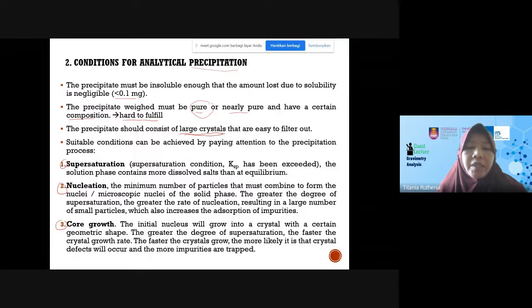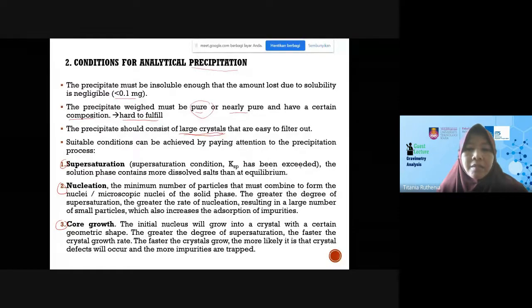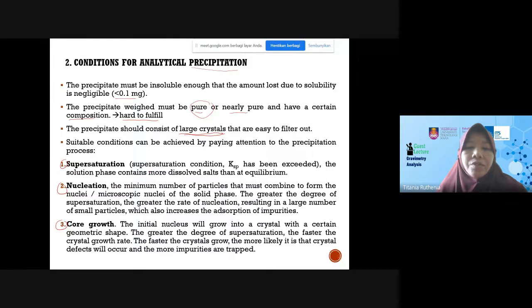So supersaturation is the condition when the KSP has been exceeded. So it means that more salt precipitates than the salt at equilibrium. And then after it starts to precipitate, it will begin to form nucleation. So nucleation is the minimum number of particles that must be combined to form the nuclei, or microscopic nuclei of solid phase.